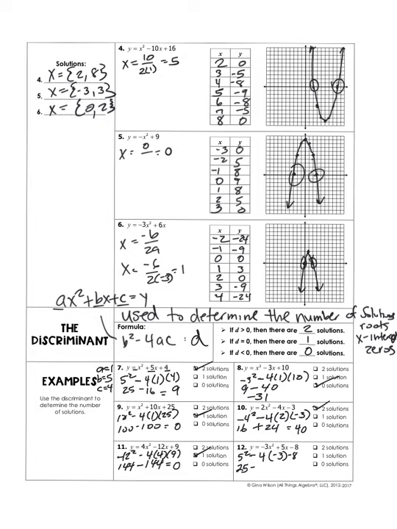And then positive 12 times negative 8 is negative 96. 25 minus 96 is negative 71. And that means there are no solutions to this quadratic equation. The graph never crosses the x-axis.